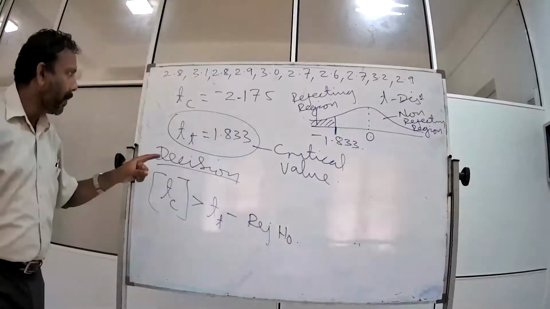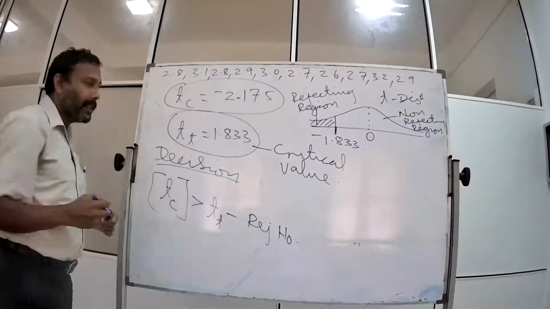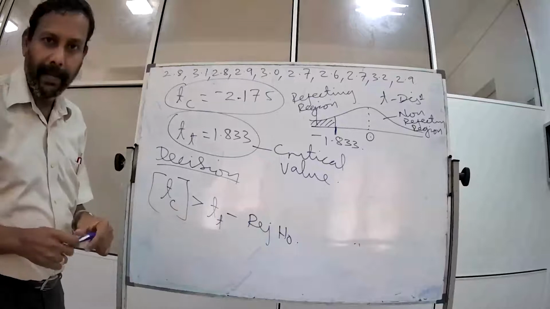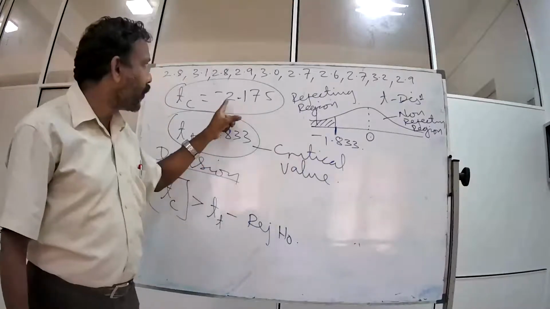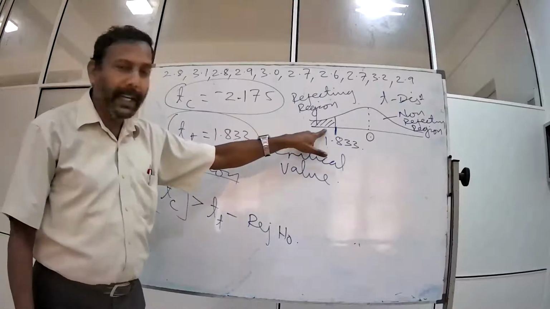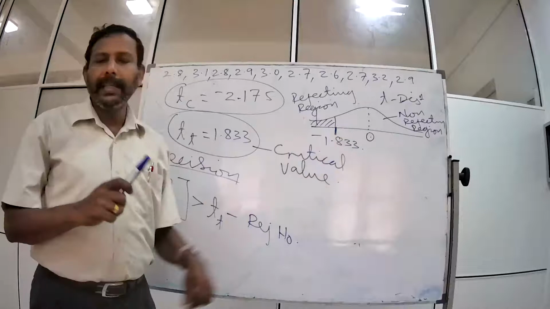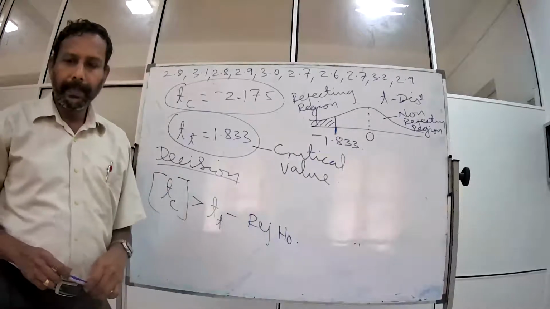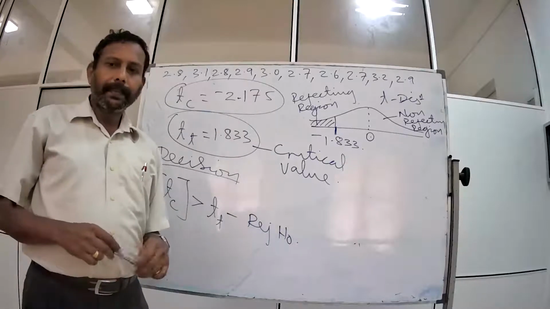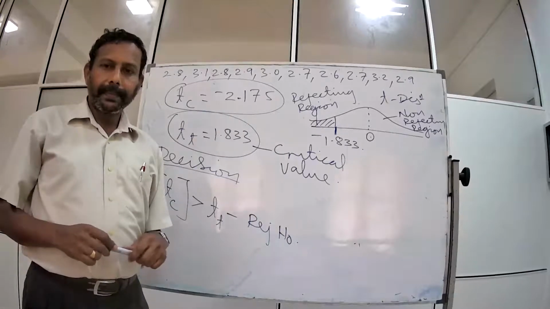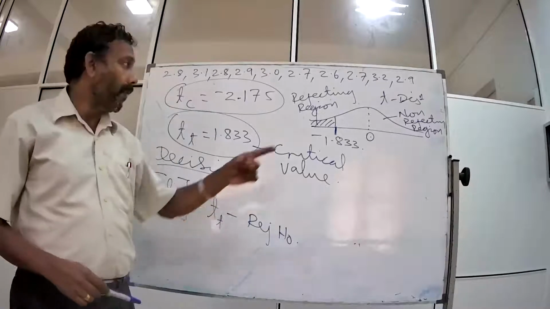Now, can you tell me what our calculated value is? Minus 2.175. Can somebody tell me whether this minus 2.175 falls into the rejecting region or the non-rejecting region? Where does our calculated value fall? The rejecting region. Why?